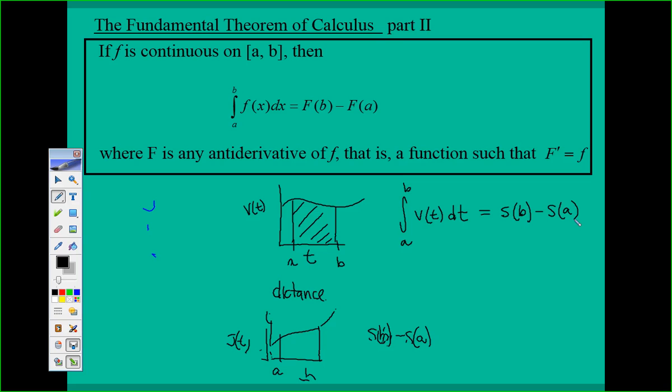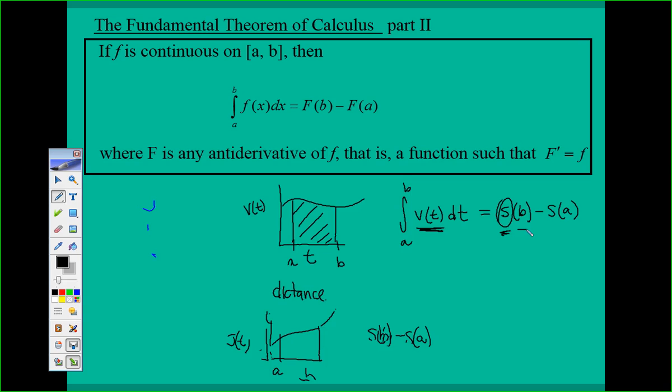So we can see these two are equivalent. If we take the antiderivative of velocity, that gives us our position function. So we can see the antiderivative of velocity gives us position, and we're evaluating the position at b minus a.